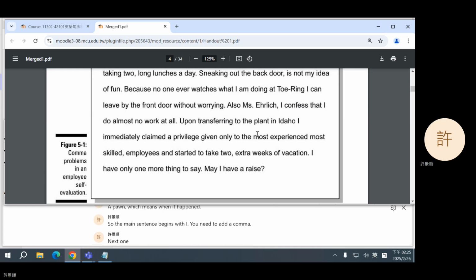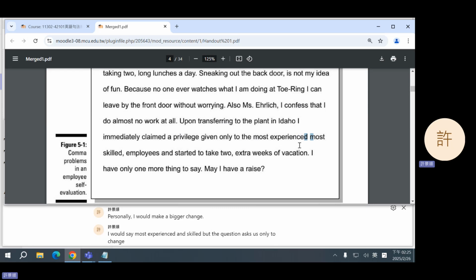Next one. Most experienced, most skilled. Are these two the same thing? Yes, they are. So you need to add a comma in the middle. Personally, I would make a bigger change. I would say most experienced and skilled. But the question asks us only to change commas.